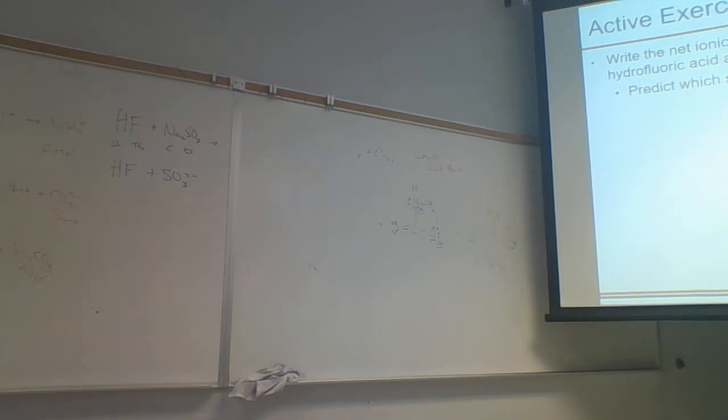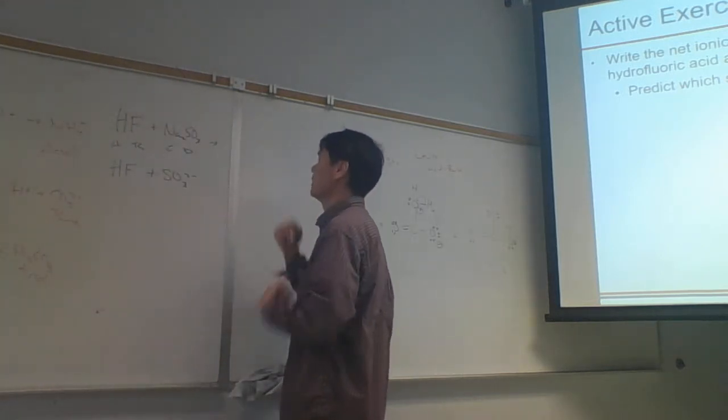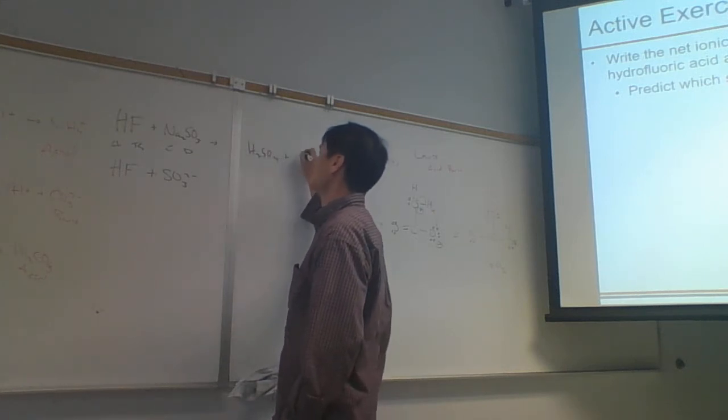I don't know if anybody remembers, but for Bronsted, how many protons do we transfer at a time? One. For double replacement, what do we do? For double replacement, we go all the way. And so this is what I would have done in double replacement. I would have gone to H2SO3 plus sodium fluoride.